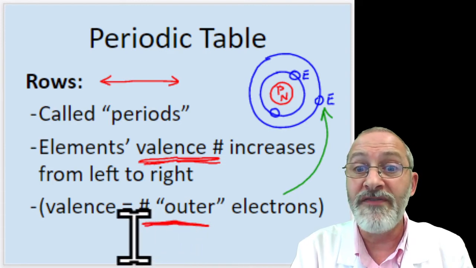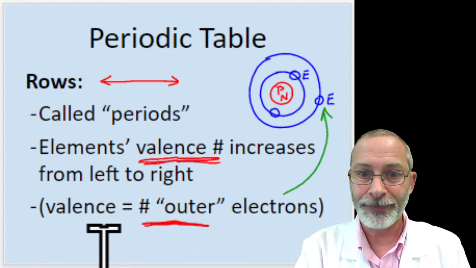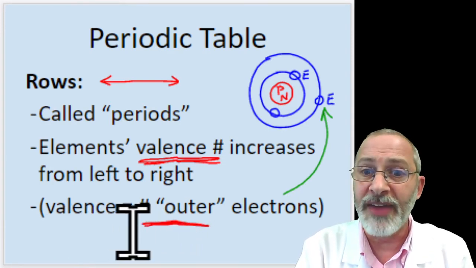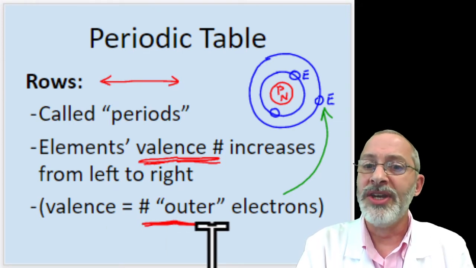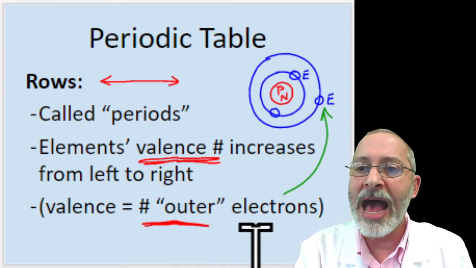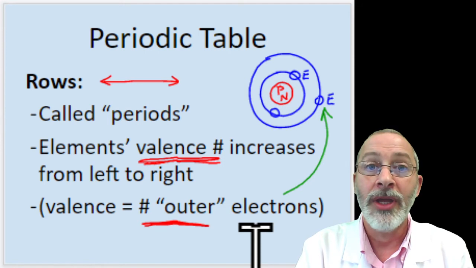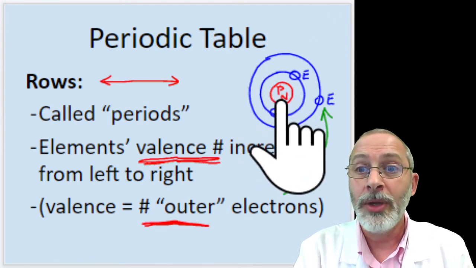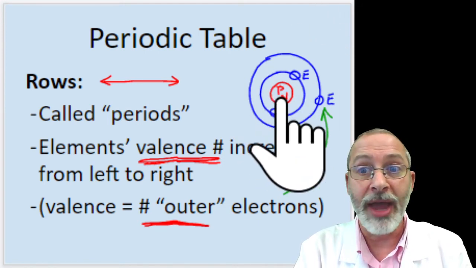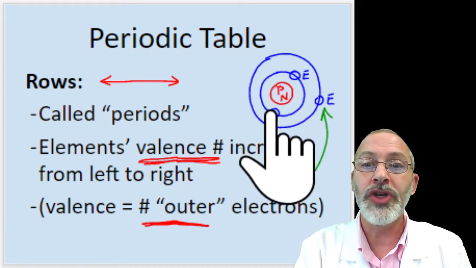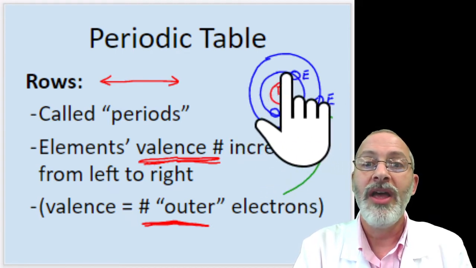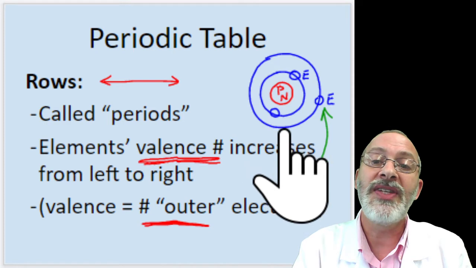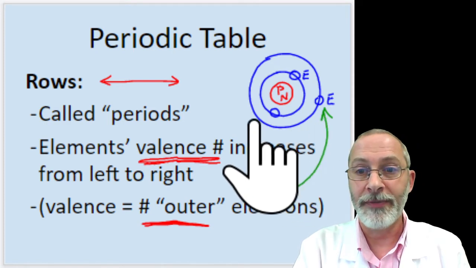But back to the valence number. Valence number is the number of electrons in the outermost energy level. So here in this atom, we've got the nucleus in red, and we've got the first energy level surrounded by the second energy level.